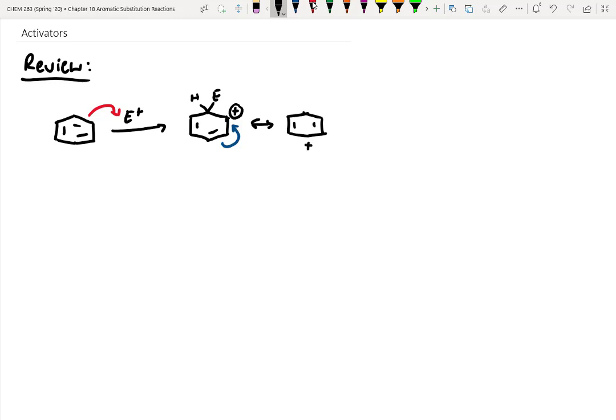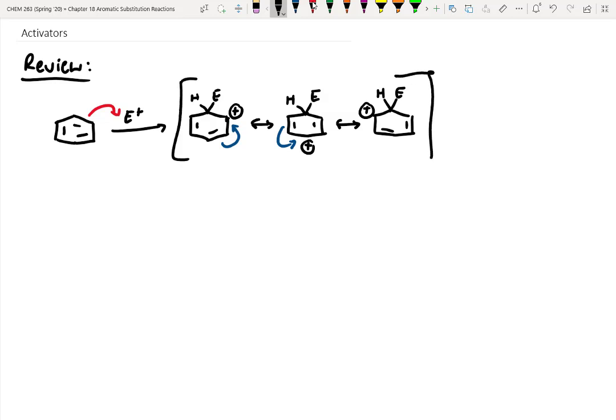so that it has a positive charge that delocalizes. And I can move this pi bond down here to try to spread that positive charge around this entire ring system. So even though we're breaking aromaticity, which is energetically very unstable, at least we're getting some sort of benefit by having resonance to delocalize the positive charge.